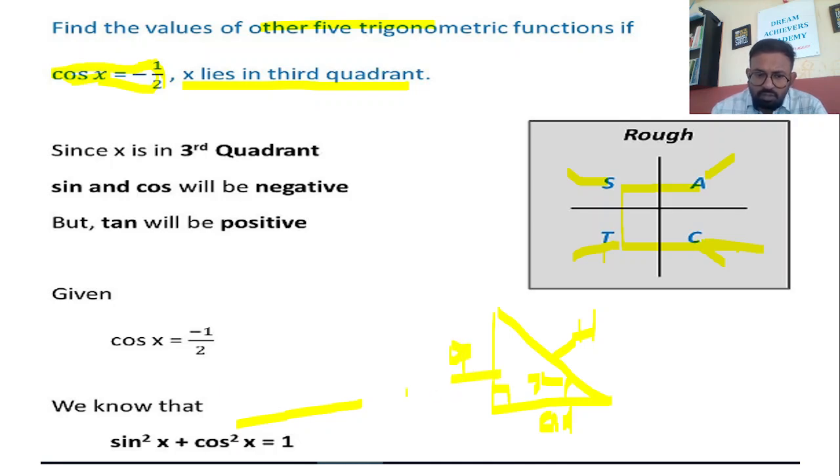As we know, sin x is opposite by hypotenuse. So if we know cos x, how do we find the remaining 5 trigonometric functions? Here I am using the identity. This is one method I told you.